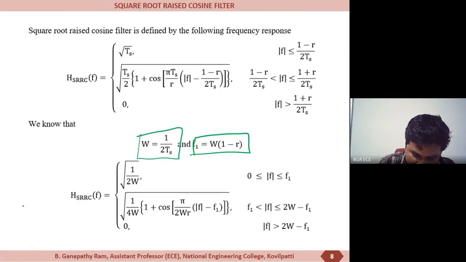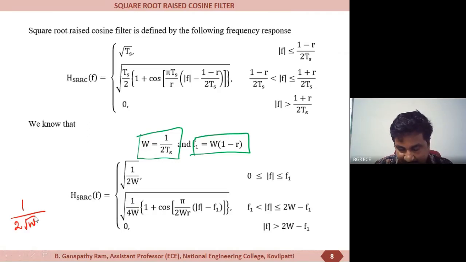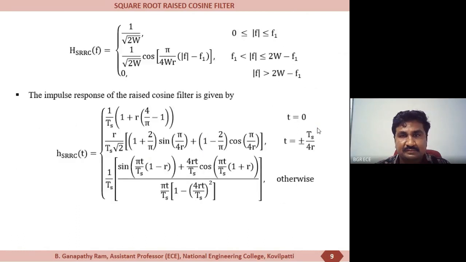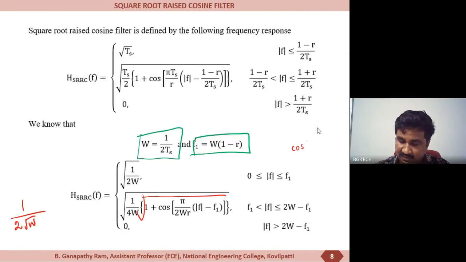this 1 by 4W can be represented as 1 divided by 2 into square root of W, and this square root of 1 plus cos theta, we know that cos square theta is equal to 1 plus cos 2 theta divided by 2.